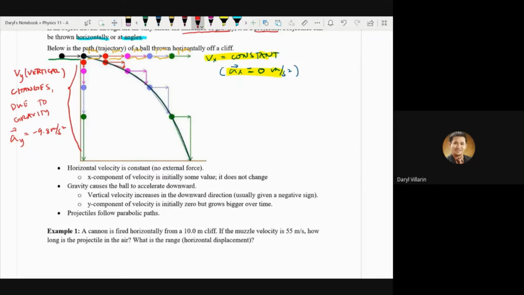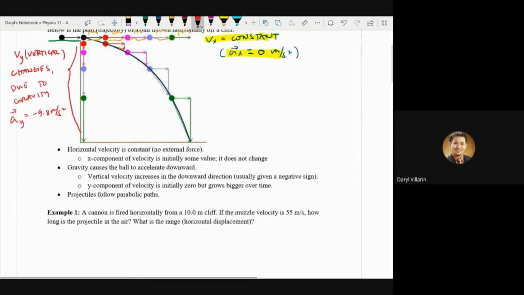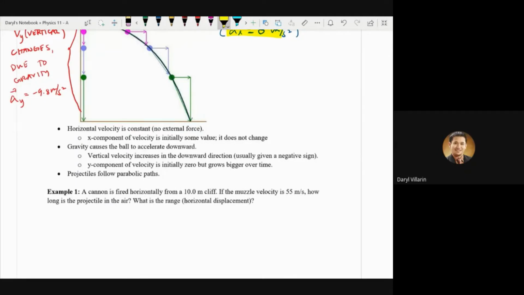Okay, so now the horizontal velocity is again constant, and the reason for that is horizontally there's no external force. Although we'll be learning more about that in the dynamics portion, the next unit of Physics 11. After kinematics, we will be talking about dynamics. So the x component of the velocity initially has some value and does not change, whatever the initial value of your Vx.